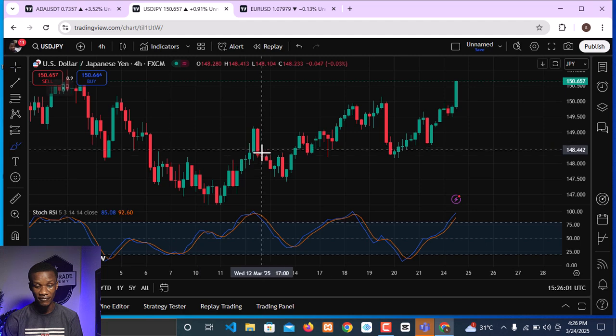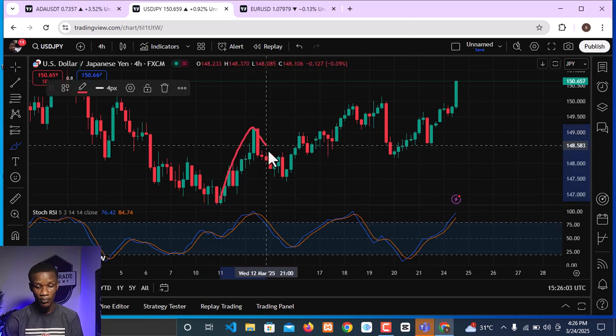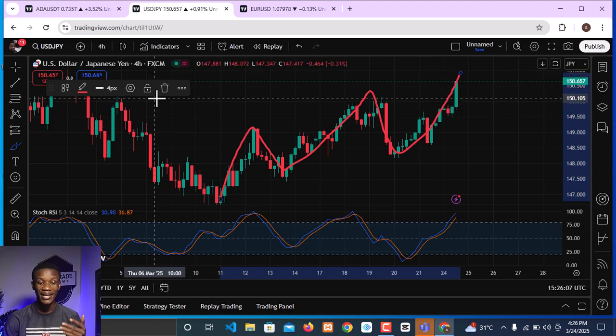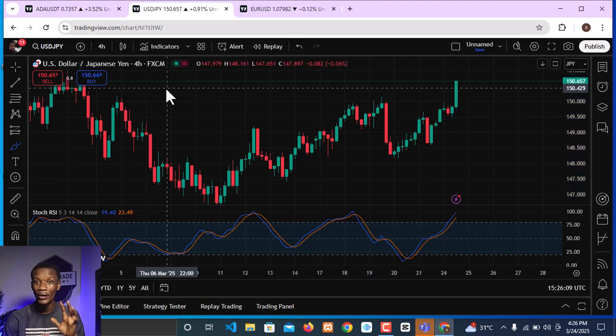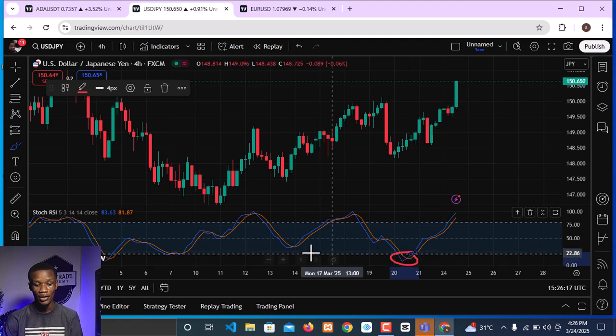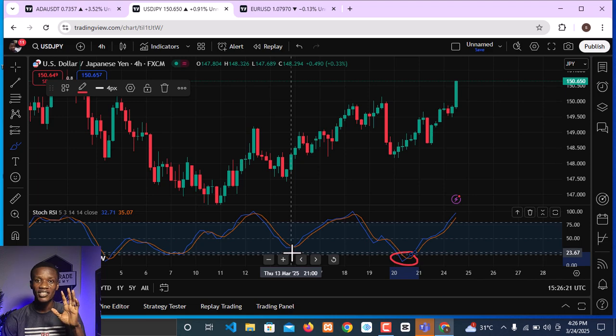First thing, you must define your trend. The market moves upward, retraces, moves up, retraces, and then moves upward. We want to take a position only when the stochastic enters into oversold condition. That is this point right here. Okay, only when it enters into oversold condition as the market is moving upward, that is when we want to take a position.